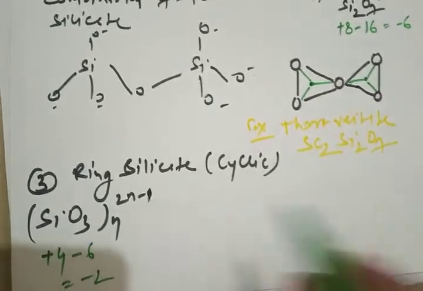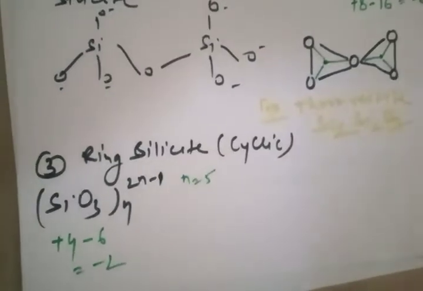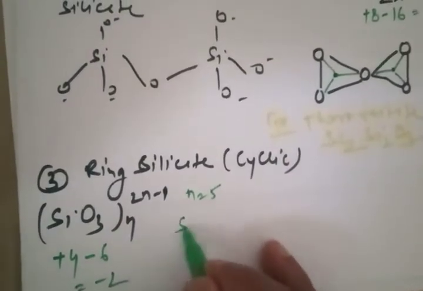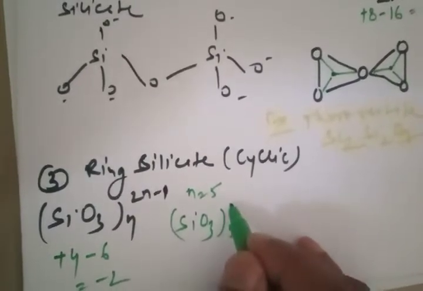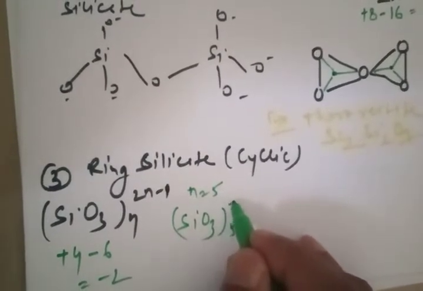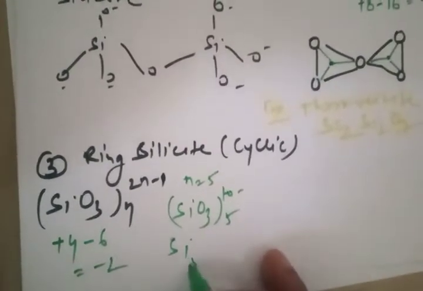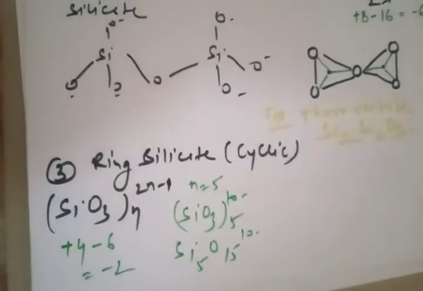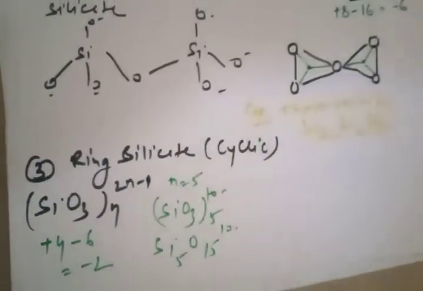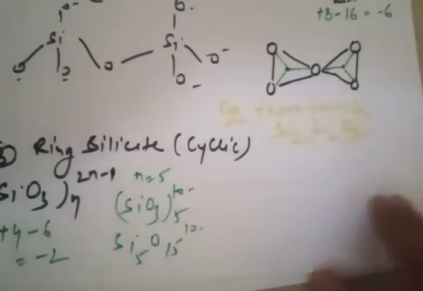For example, if n equals 5, then what will happen? SiO3 5, and for 2n it will be -10. So Si5 and O15, 10 minus. So this is how the ring silicate basic unit is.